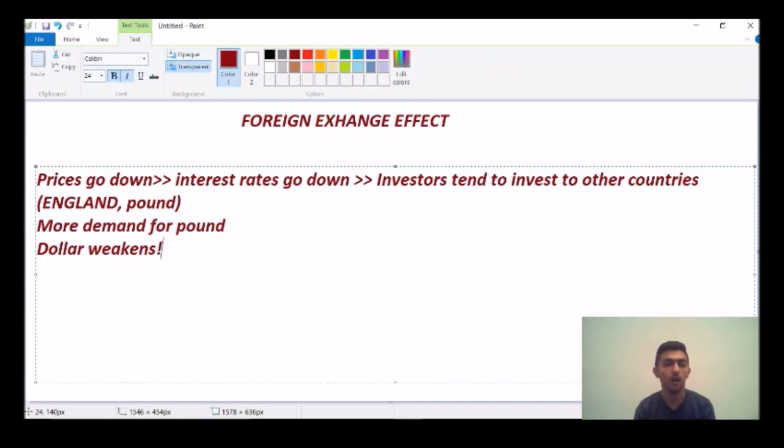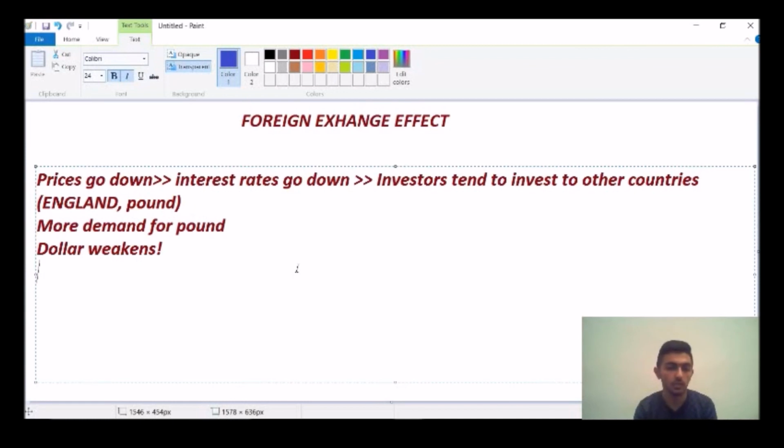For example, if I offer to make a car in America for $10,000, maybe $10,000 before all of this happened translates into 5,000 pounds. But now the dollar has weakened. Now $10,000 is going to translate into only 4,000 pounds.